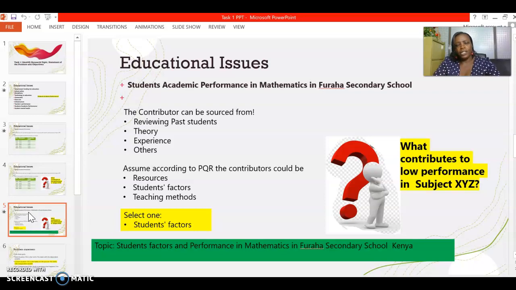And therefore we asked ourselves, what can explain that? What are the contributors? And we have seen you can get that from reviewing past studies, theory, theoretical framework, experiences, and others. And we've narrowed down to student factors, and that's now our topic: student factors and performance in mathematics in Fraha Secondary School in Kenya.